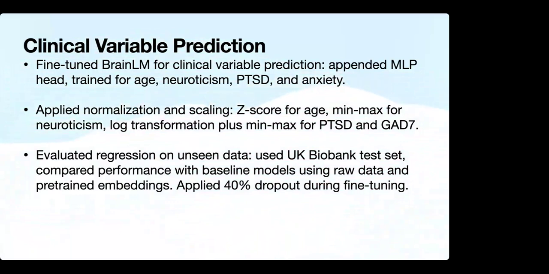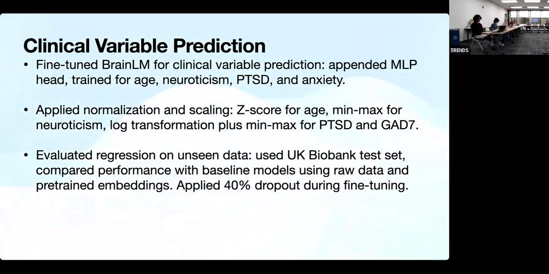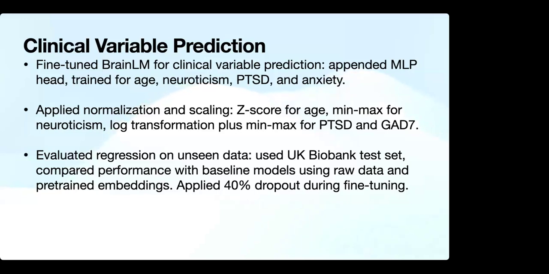And they also used normalization and scaling. For the age, I think they just Z-scored the age values. And then they used min-max for the neuroticism. And they used log transformation plus min-max for PTSD and the anxiety score as well.